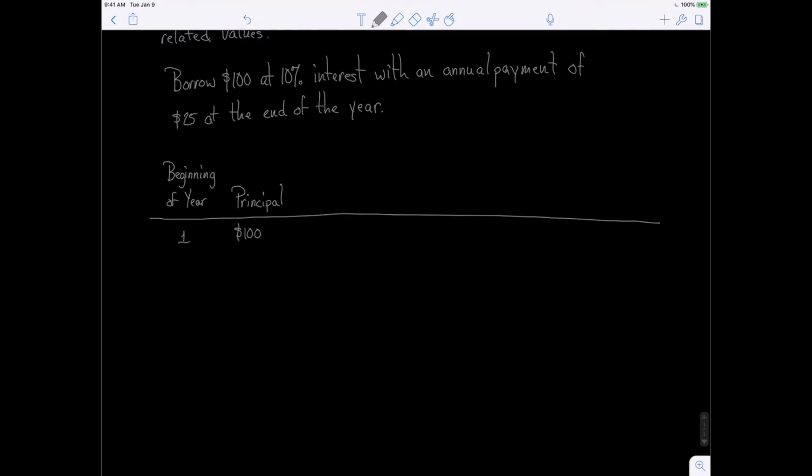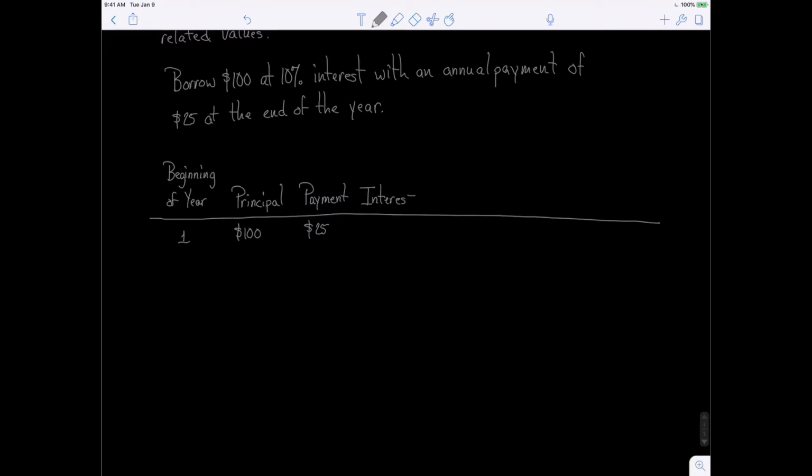Now, at the end of the year, we're going to make a payment, and the payment is $25. But of that payment, the first thing that is covered is the interest on the loan.